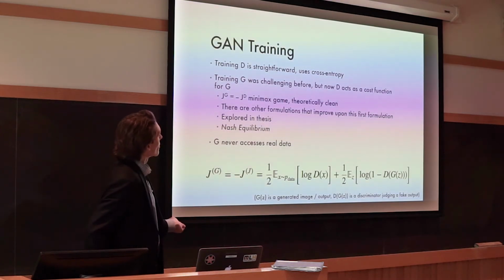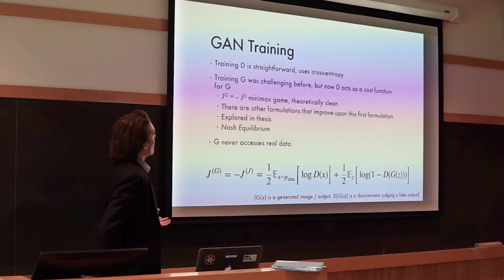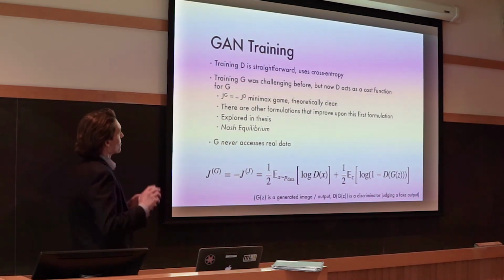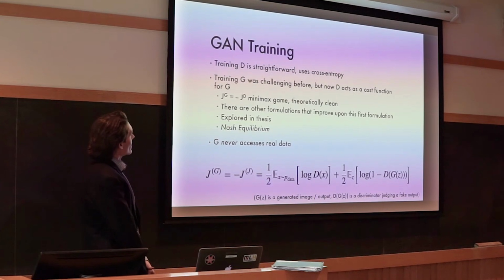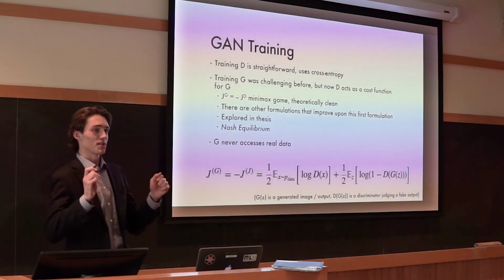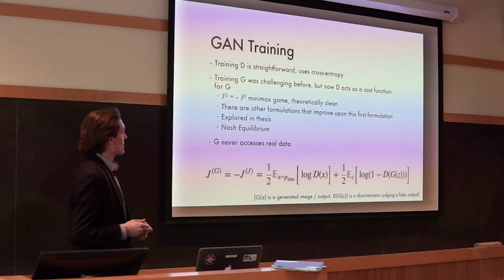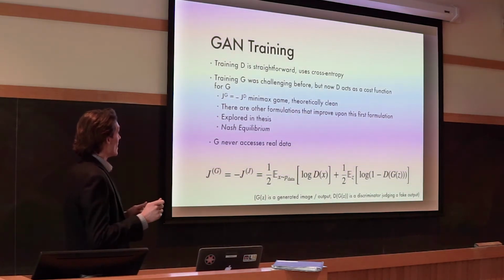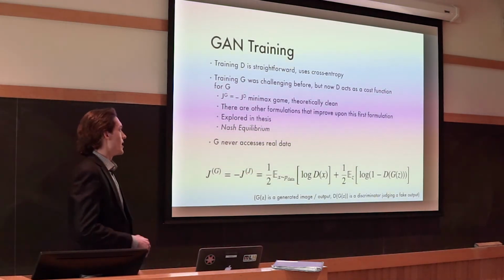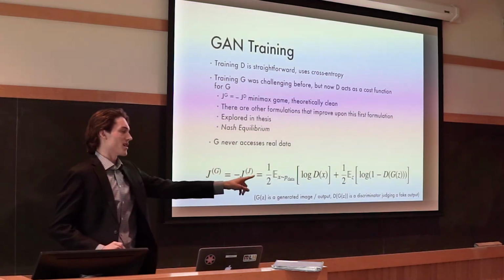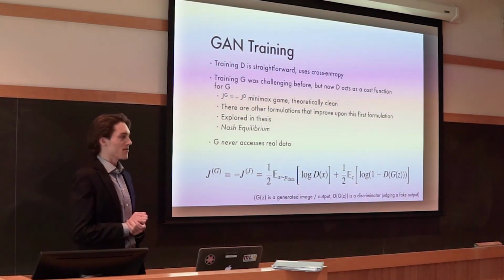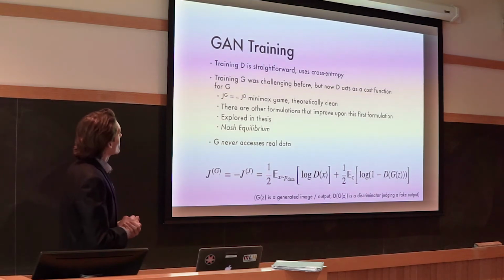So the problem before, what I was trying to motivate here, was that training G was kind of a weird problem, because we're trying to answer a subjective question with a harsh, objective mathematical expression. But now, if we don't just say to the generator, make real art, but rephrase the problem as trick this guy, which is just a mathematical function, it's a bit more straightforward and it's easier to work with.